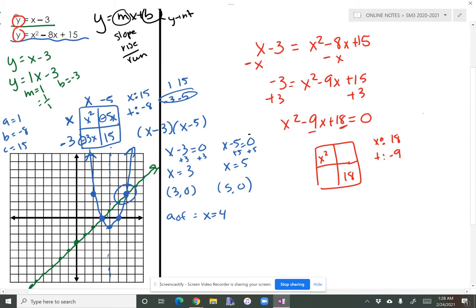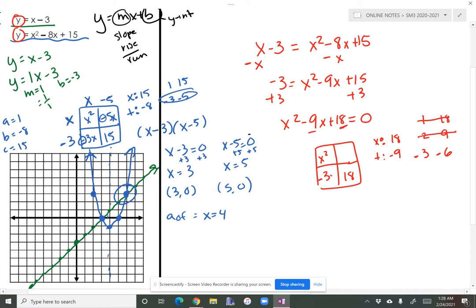And 18, there's a lot for 18. You get 1 and 18, 2 and 9, 3 and 6. I guess that's not really a lot, but those are our options. 1 and 18 is not going to give me negative 9. 2 and 9 is not going to give me negative 9, but if I again go negative 3 and negative 6, that would give me negative 9.